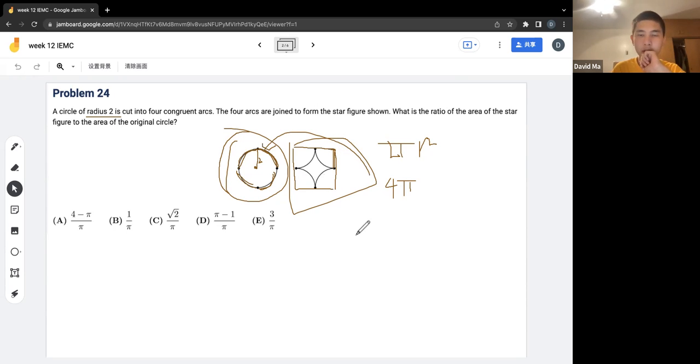The area of the star is essentially a square minus the circle, because if you put these parts together, it'll become a circle, right? Each of these unique shapes is basically 1/4 of a circle. So when you put these 1/4 circles together, you'll get a full circle.